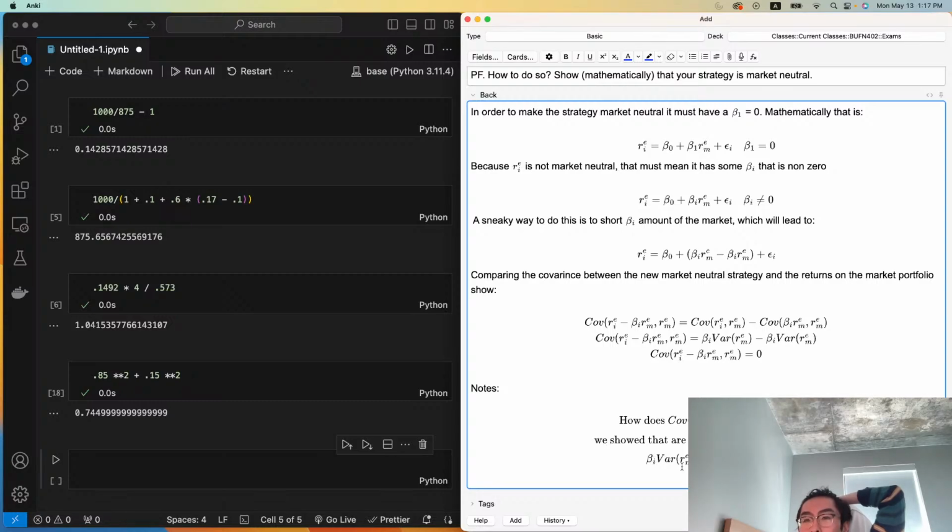And if the beta is greater than 1, then, okay, if the market has high variance and our beta_1 is high, that means the variance of the market has a greater effect on the covariance.